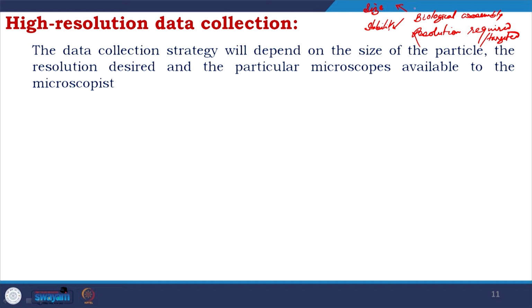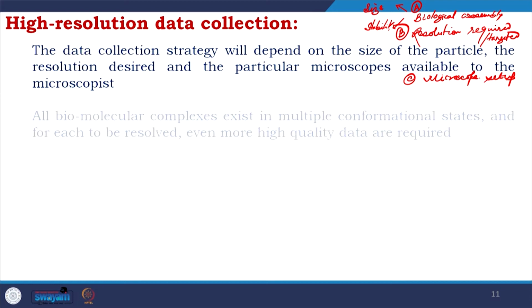So, this is A, this is B. Then the C is definitely the microscope setup, means the microscope available. So, three factors: biological assembly in terms of size and stability, resolution required or targeted, and microscope setup.